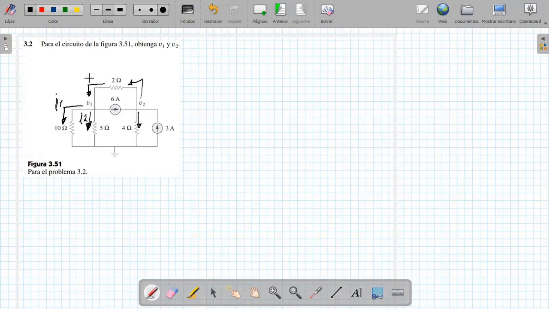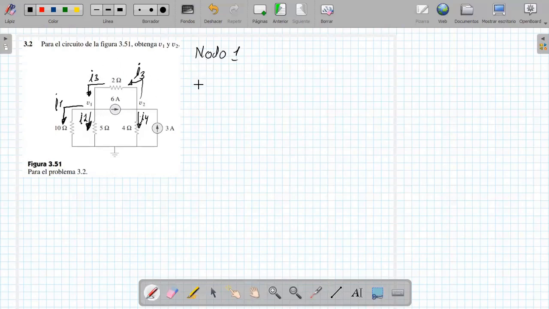I'm going to call this current I3, which is going to be equal to this current, and here I'm going to call the last one I4. Ready. Then I'm going to do the analysis at node 1. I have here node 1. The currents that enter, the only one that enters is I3.